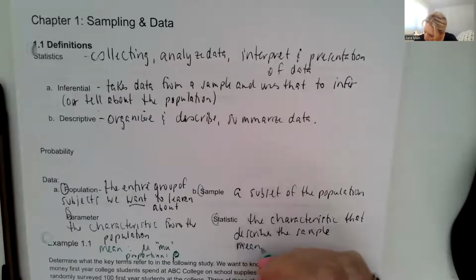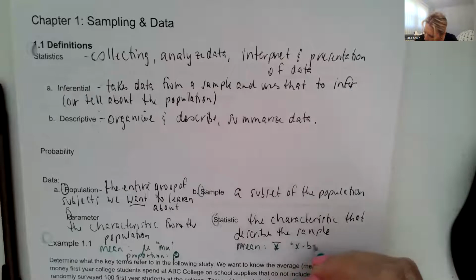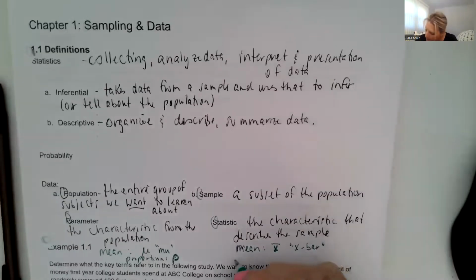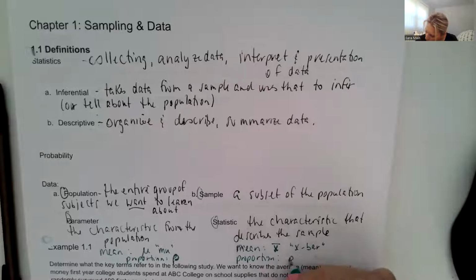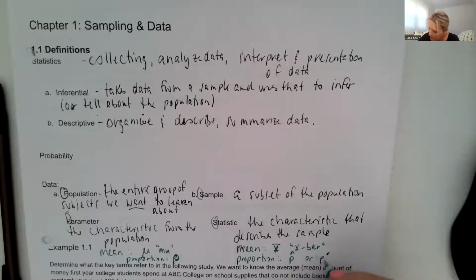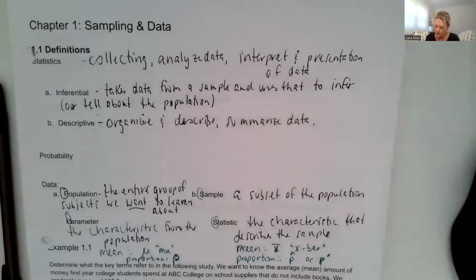We use the symbol X bar, we pronounce that X bar, to describe the average of the sample, and for the proportion of the sample we use something called, in the book I use, P hat is what it's called, or P prime. I might say there's like a quote there, to describe the proportion of the sample.